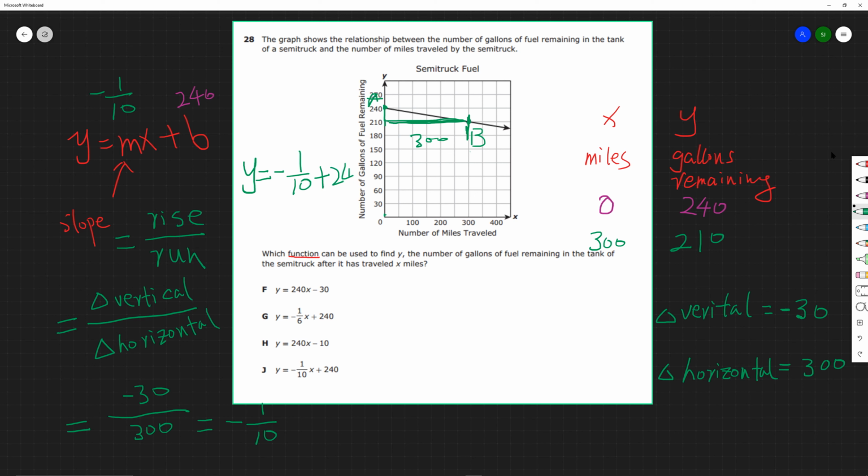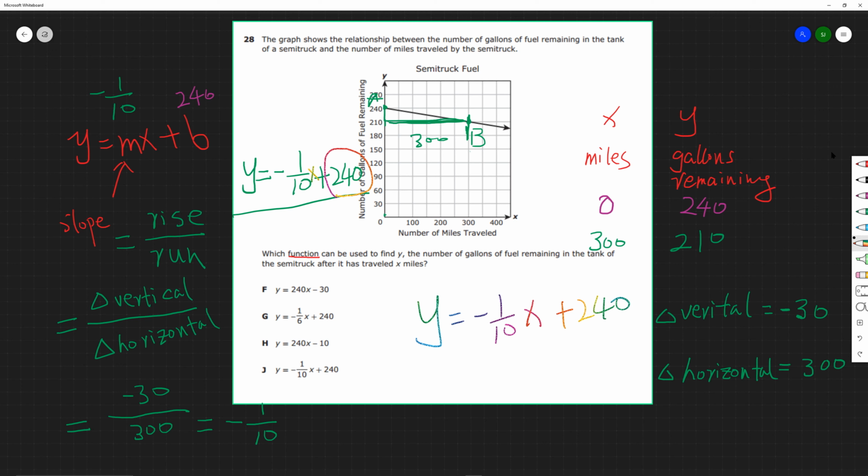So this is the function. And the implication is that the truck started with 240 gallons of fuel, and for each mile traveled, for each one increase of x, the fuel will decrease by 1/10 of a gallon. So the function is negative 1/10 times x plus 240.